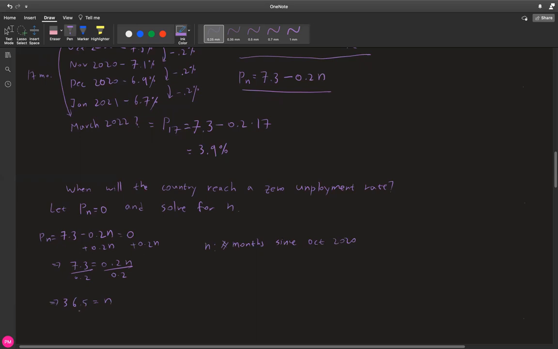But there is no such thing as 0.5 month when you're indicating months. The months only go up by increments of one.